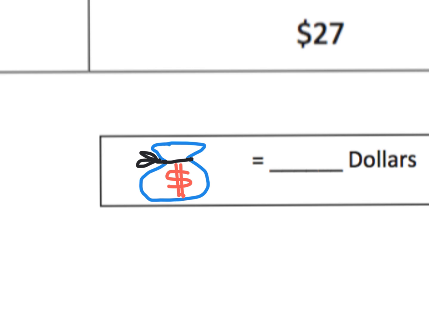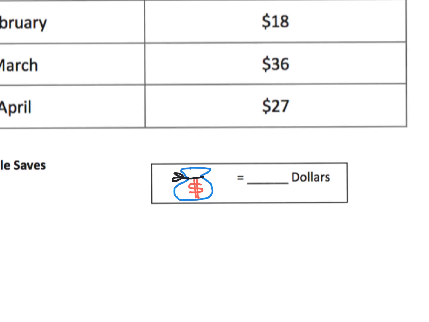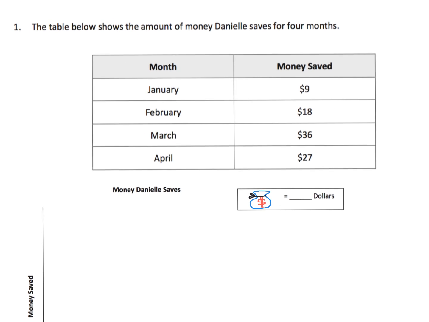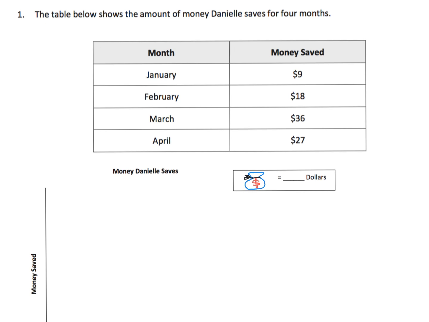All right, so that is our picture. And whenever we see that picture, it's going to represent $9. So we're going to put $9 there. So that's what that picture represents.